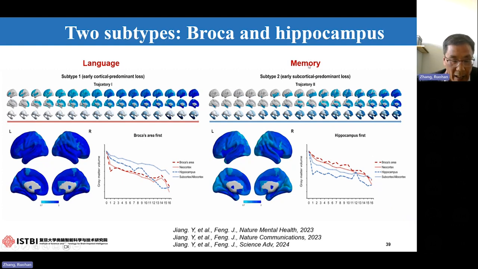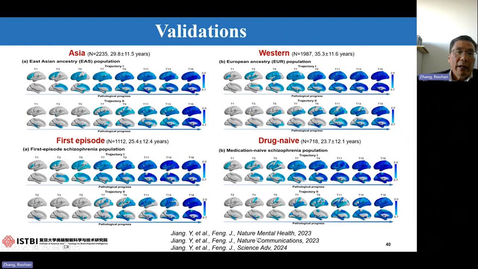The other subtype starts with shrinkage in the hippocampus. So we can subtype schizophrenia into two: one starting from the Broca area, gradually spreading to the whole brain, and another starting from the hippocampus and gradually spreading to the whole brain.